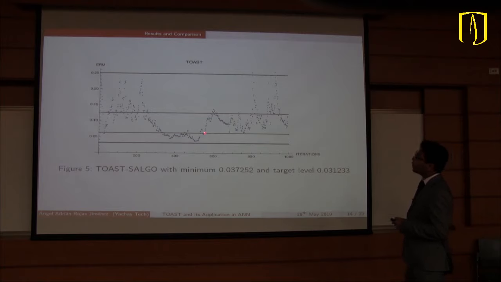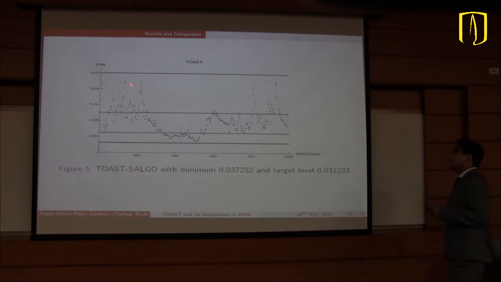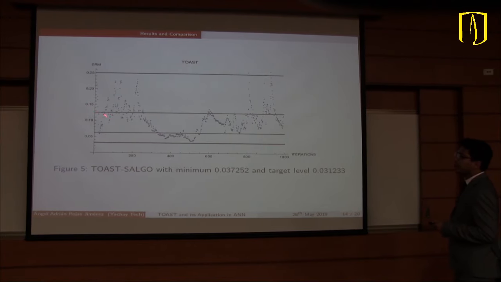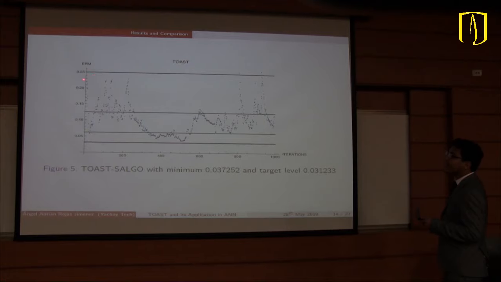We start with a target level, and that is this line. Then we reach it, and we get again to this new target level that is half of the first one.